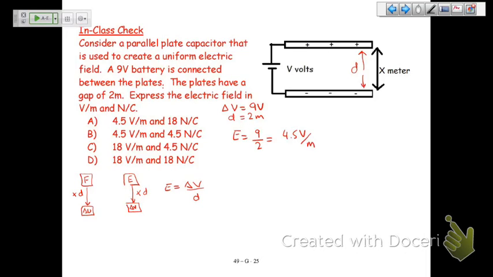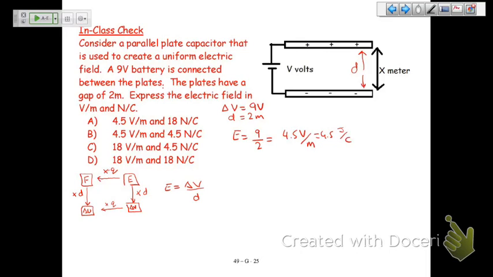If I want to change this electric field into a force, I would multiply by Q. And if I want to go from this change in potential, measured in volts, to a change in potential energy, measured in joules, that would also be times Q. Basically, volts per meter is the same as joules per coulomb, or newtons per coulomb, so 4.5 newtons per coulomb.